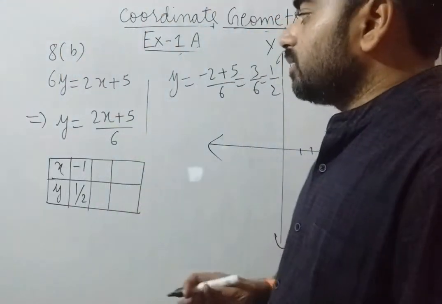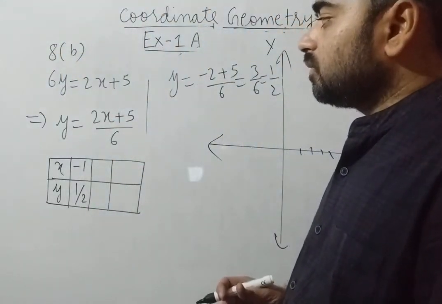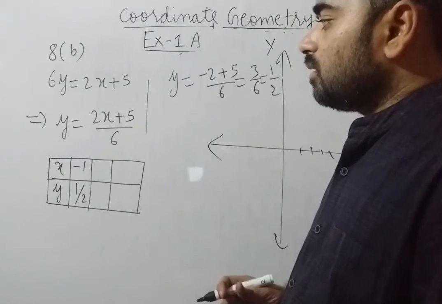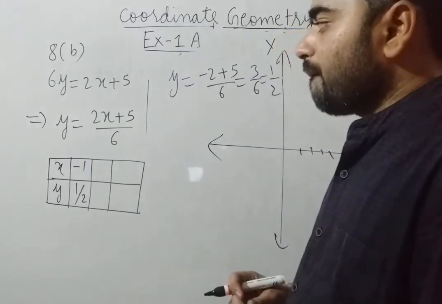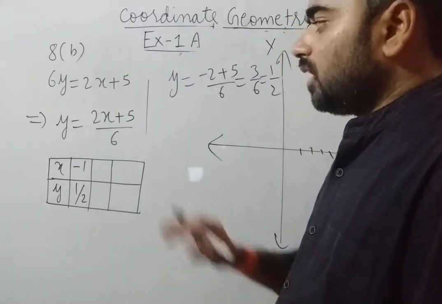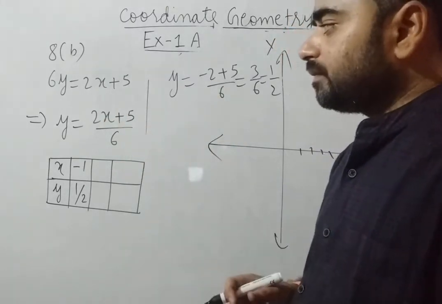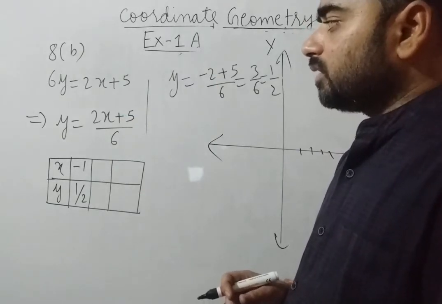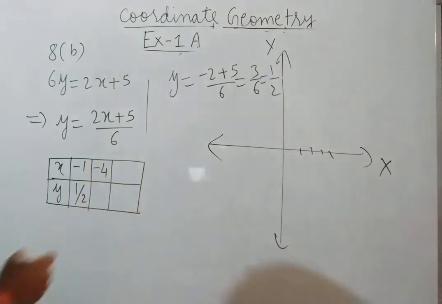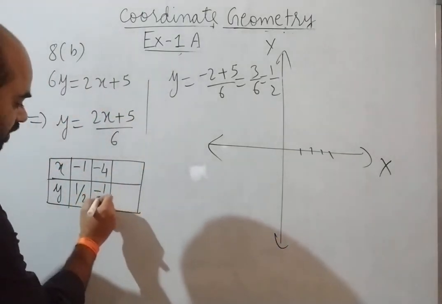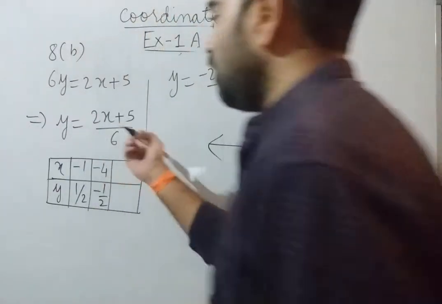Now if you take minus 2, then also there is a problem. Minus 3, again a problem. Minus 4, we can take, I think. If we take minus 4, what will come? Minus 8 plus 5 is minus 3, it means minus 1 by 2 will come. Correct? Now one more value we want.